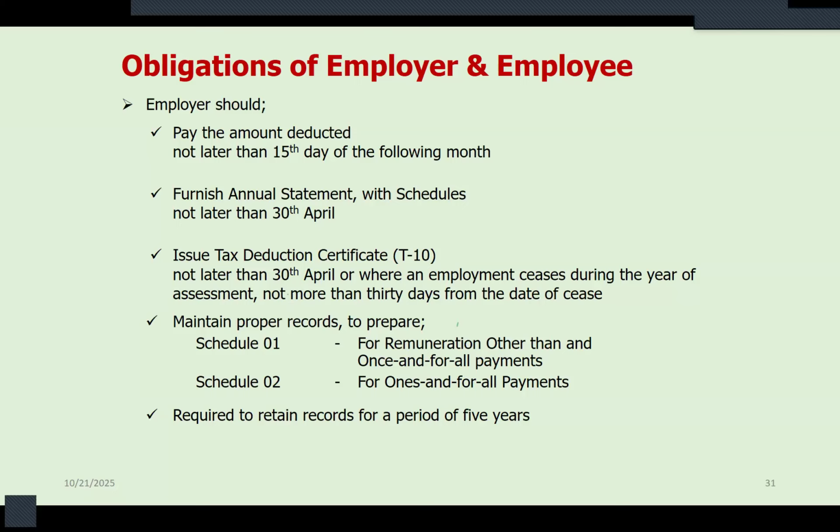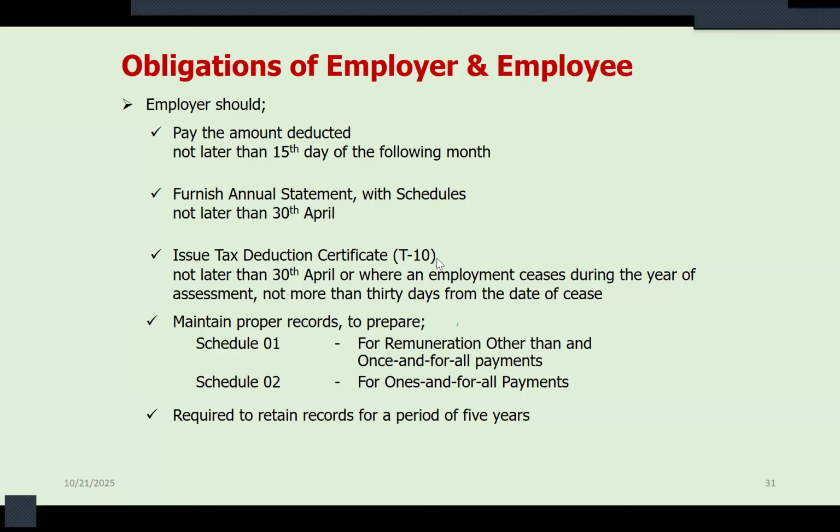Otherwise, before the 30th of April every year, the T10 certificate should be handed over to that employee. In that document, it says what are the amounts considered for the deduction of APIT, what income is exempted from tax, what are the non-cash benefits, what are the cash benefits, like that. Everything is included in this T10 form.